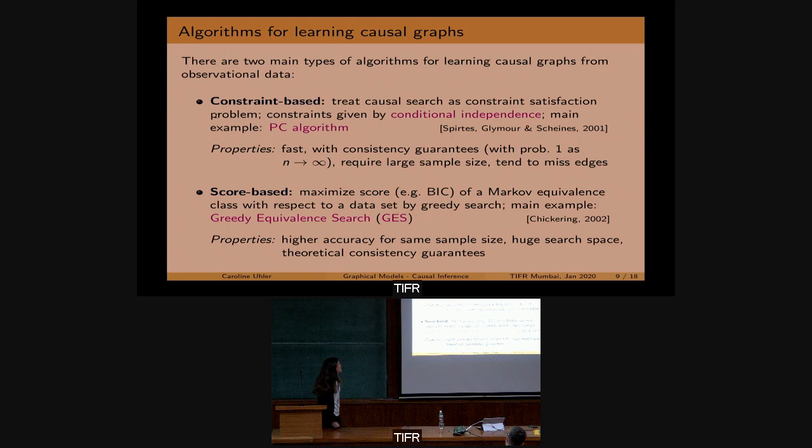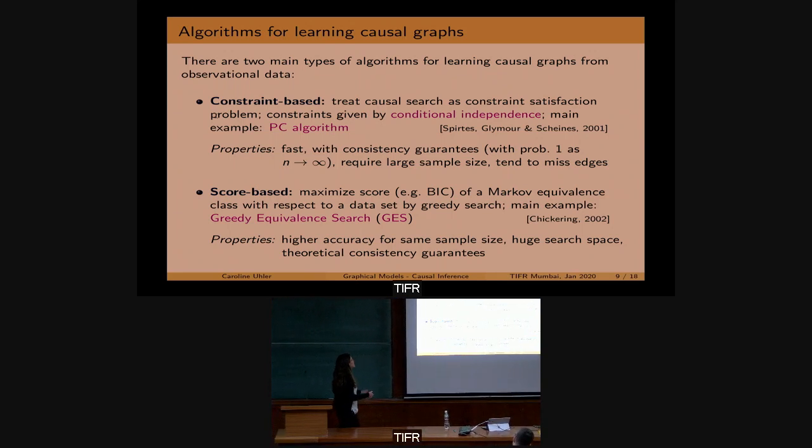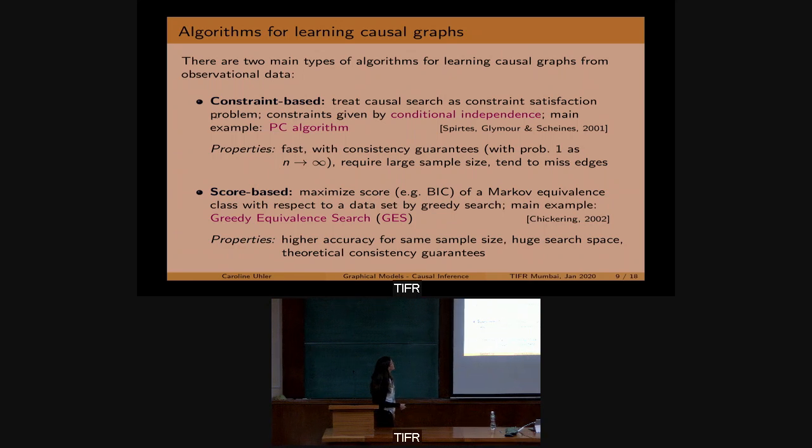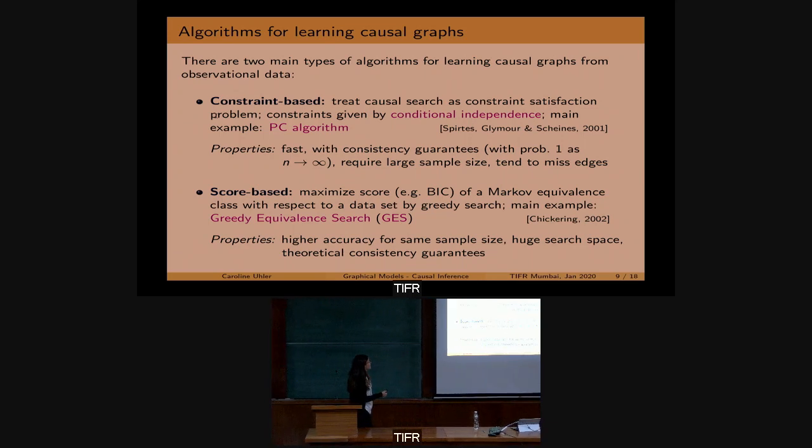Okay, so this is a bit of a detour into older stuff. These are the classes of algorithms around in the observational setting, and it's kind of nice because it's so clean. There are really two classes of algorithms. One is constraint-based. Here, the main algorithm is the PC algorithm. How does constraint-based work? You have data, and from the data you learn constraints, which are conditional independence relations.